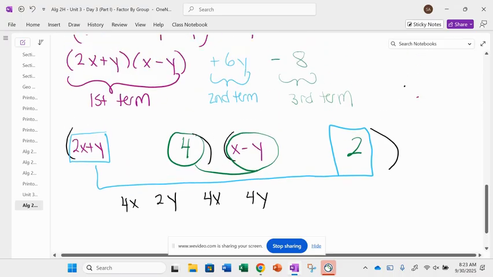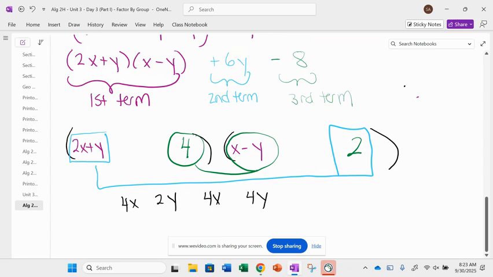Absolutely. And is there a combination of 2y and 4y that will give us a positive 6y? Yeah, absolutely. So now we have to think of the signs. You tell me, where do you think the positive should go? And then that would be negative. Let's check it out.